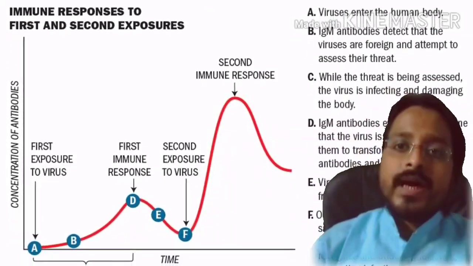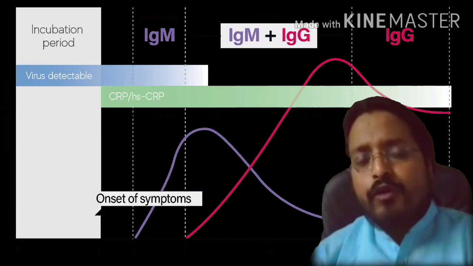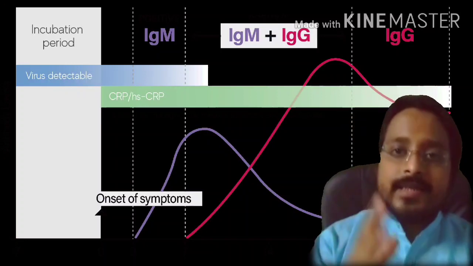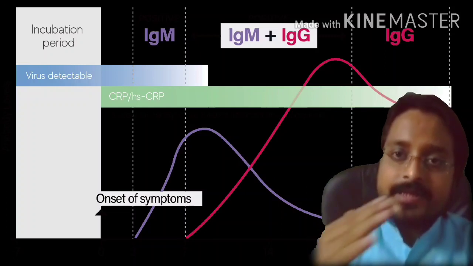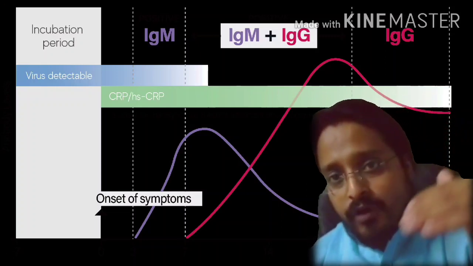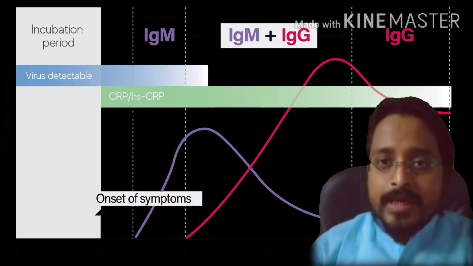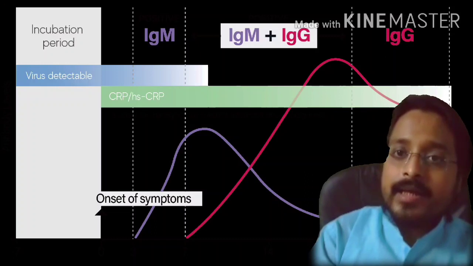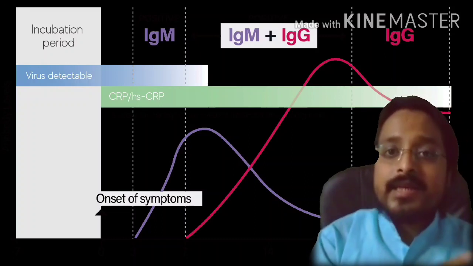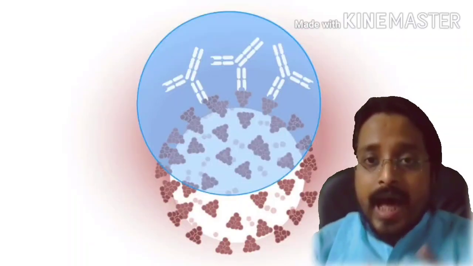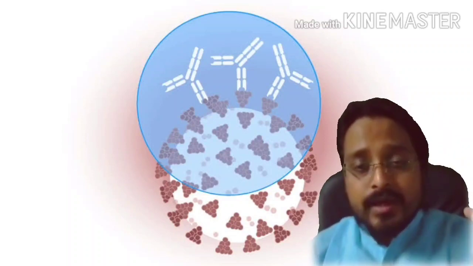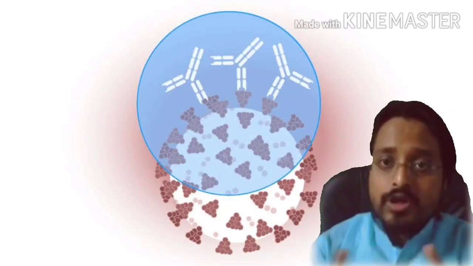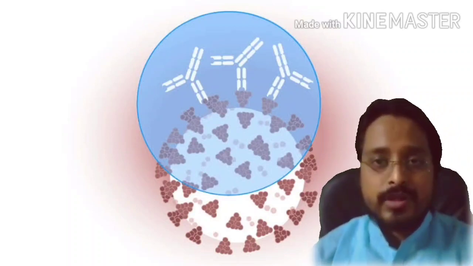Following that, usually around 7 to 14 days later, depending on the virus, the IgG starts rising. So initially IgM rises, and when IgM starts falling, IgG rises. The IgG response is the later response, and more importantly, IgG lasts longer. IgM starts quicker, it is stronger, but IgG starts later, and it stays for a longer duration of time.